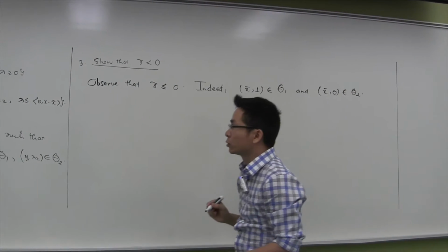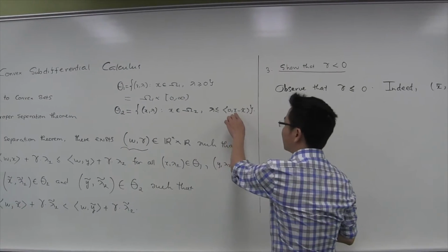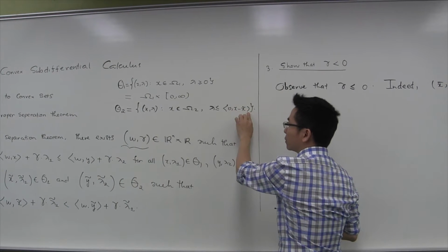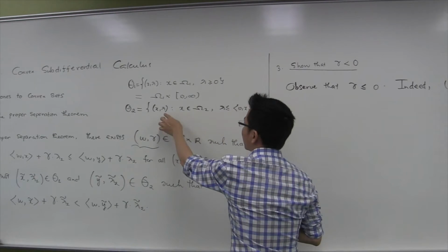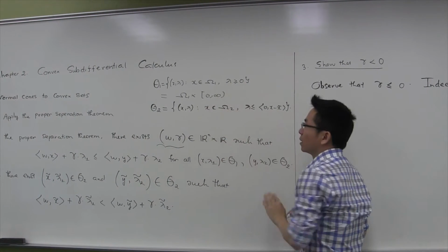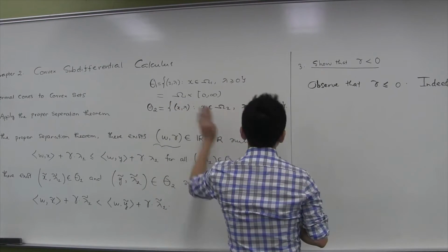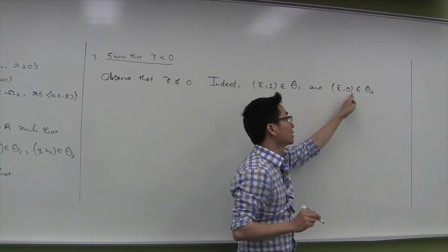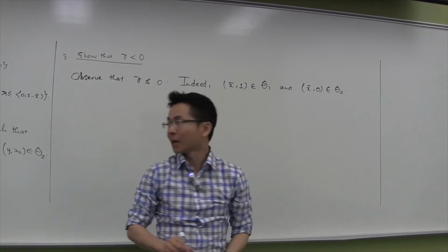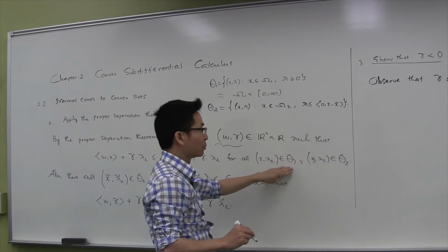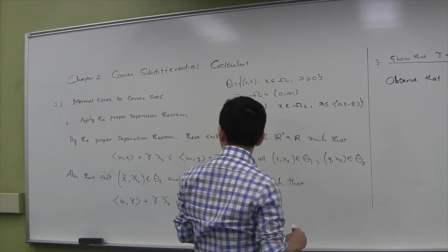This is also true because when you plug x bar in here, you have lambda equal to 0, and x bar is in omega 2. So by the definition of the set theta 2, we can easily see that (x bar, 0) belongs to theta 2. Now we can apply the first property in the proper separation theorem.